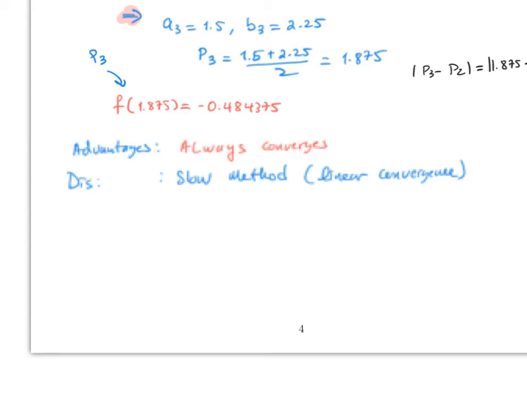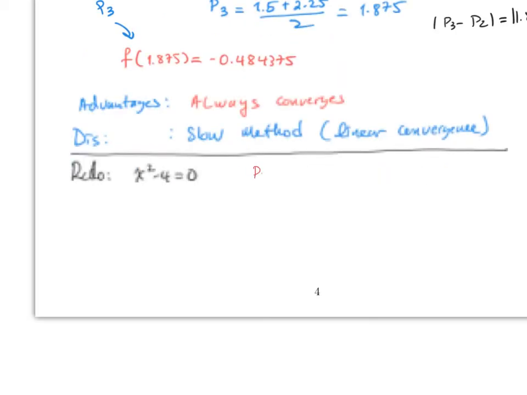For example, let's redo this method. So if we pick now, let's say A1 to be 1 and B1 to be 3, then P1 is going to be 1 plus 3 divided by 2, which is equal to 2.